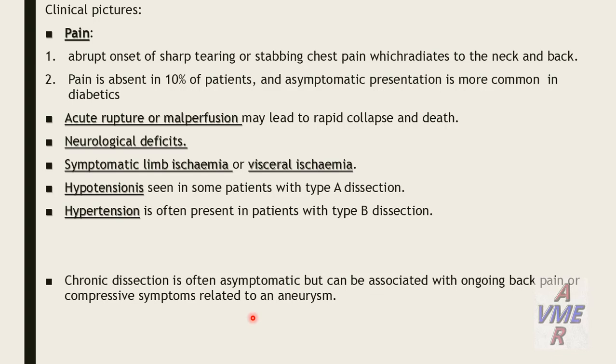So the clinical picture for acute aortic dissection is acute sharp tearing chest pain radiating to the back or shoulder, which may be absent in diabetic patients; acute rupture, collapse and death; neurological manifestations; symptomatic limb ischemia; visceral ischemia; hypotension in type A, hypertension in type B; and also complications related to kidney function if it involves both renal arteries, causing pre-renal failure.